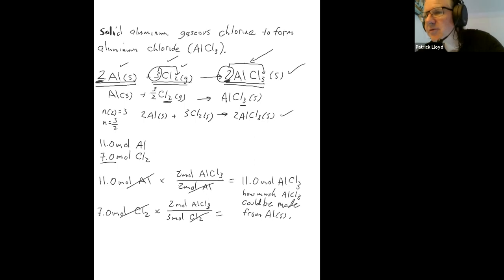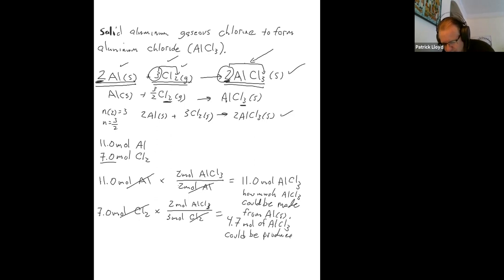Let me grab my little calculator here. That's 14/3. So you get 4.7 moles of aluminum chloride could be produced from the chlorine.